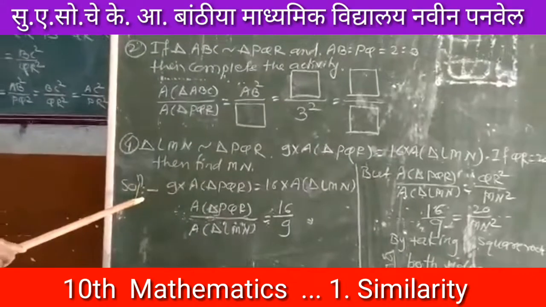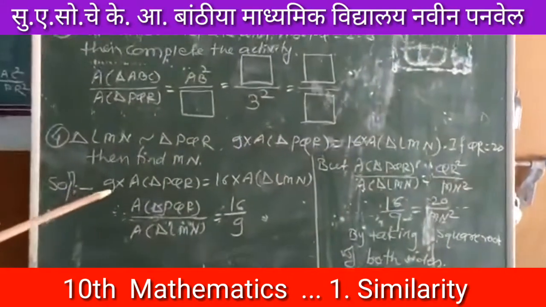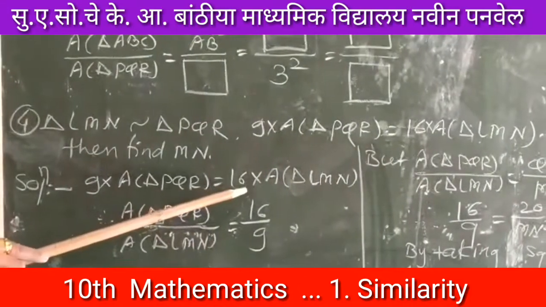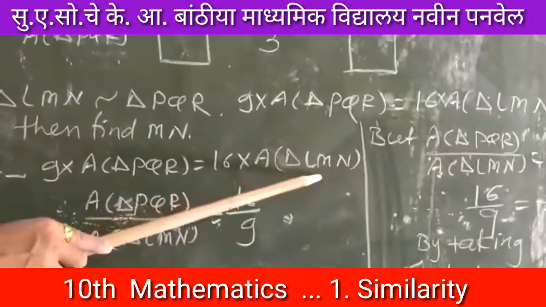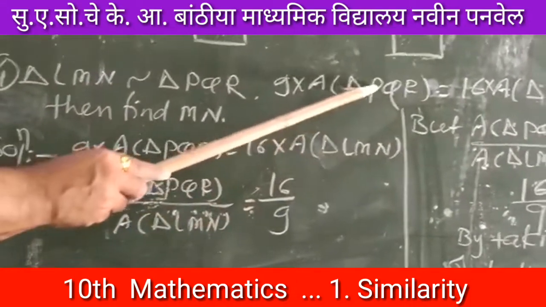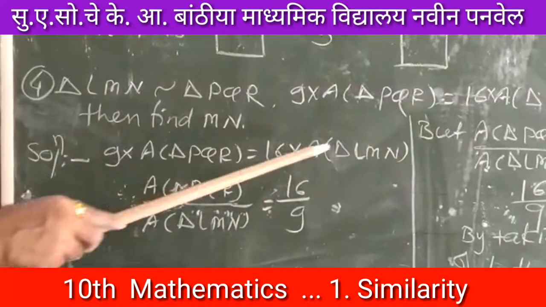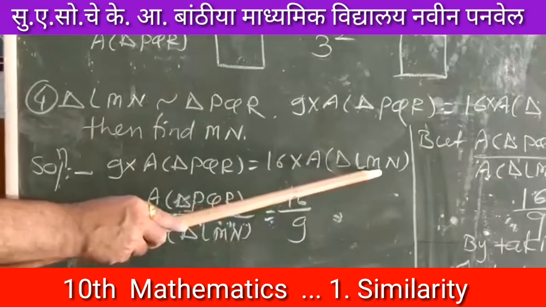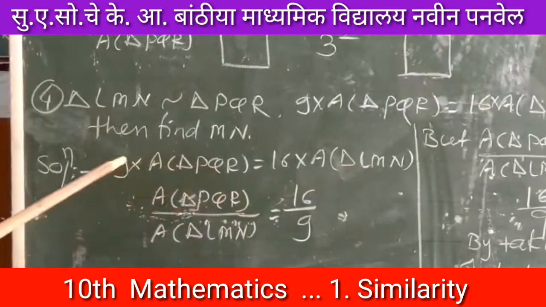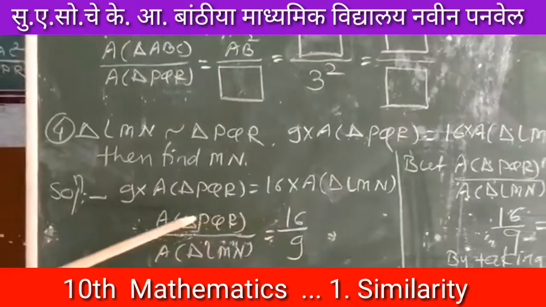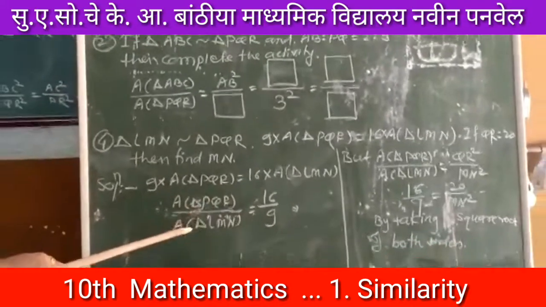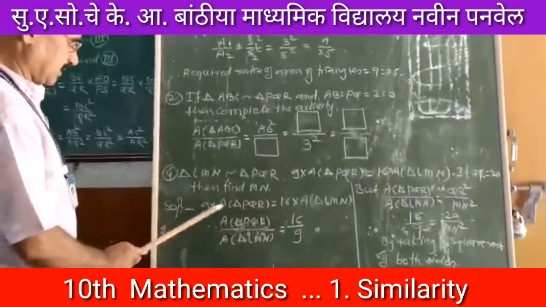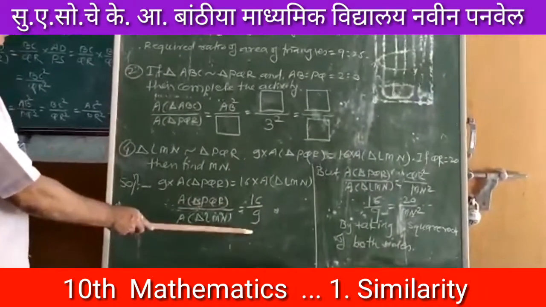We have to solve this example. This is given. Then take area of triangle LMN on this side and take 9 on this side. Means area of triangle PQR divided by area of triangle LMN is equal to 16, as it is, upon 9.